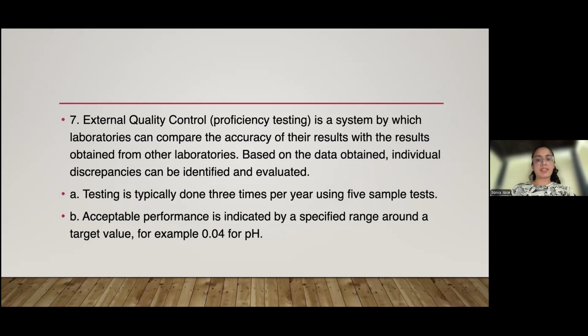Acceptable performance is indicated by a specified range around a target value, for example 0.04 for pH. Similarly, external quality control is done for blood sugar testing devices also. It is the same, the external quality control.